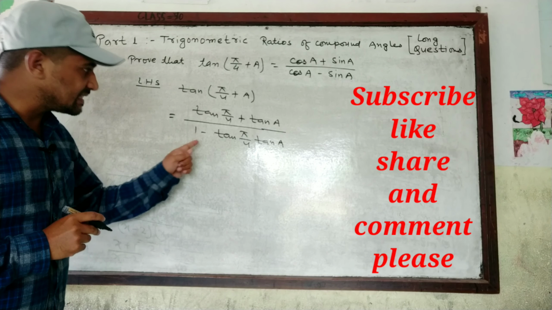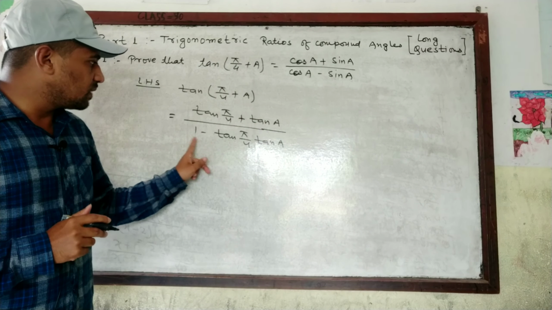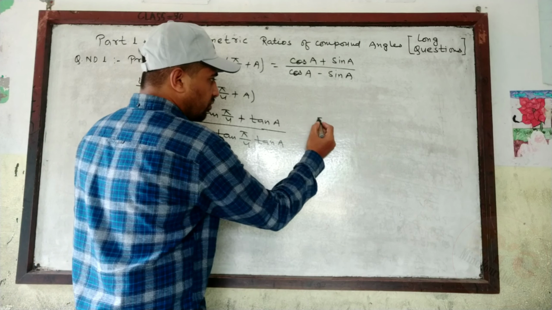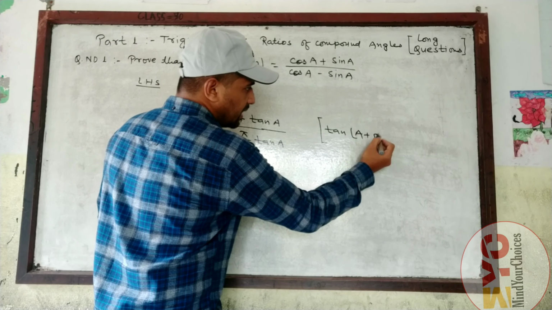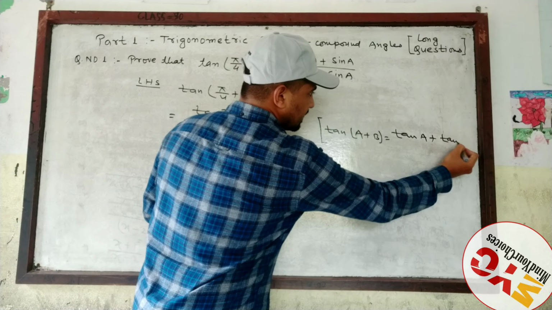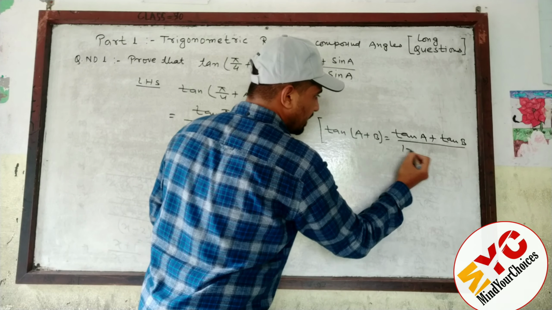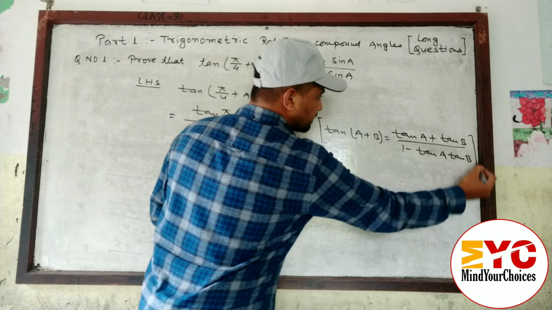Hope you understand how to use the formula tan(A + B) = (tan A + tan B) by (1 - tan A tan B).